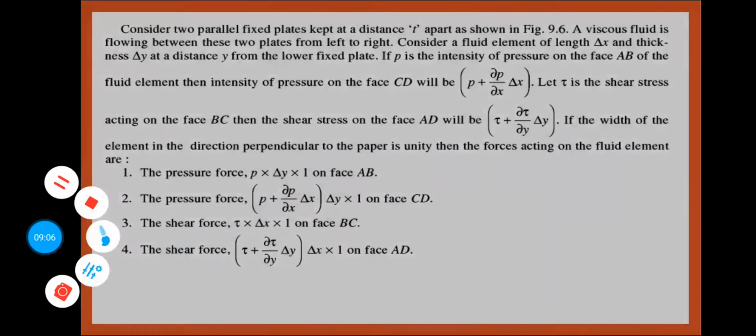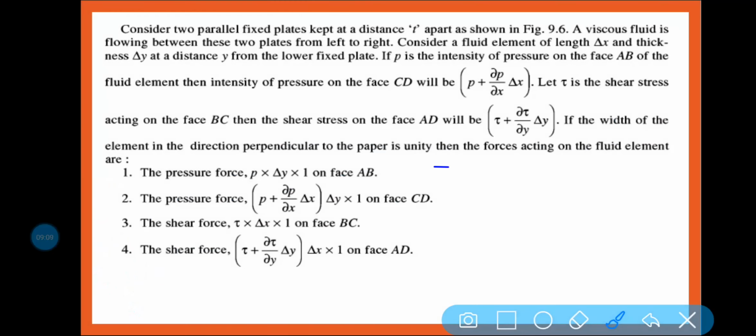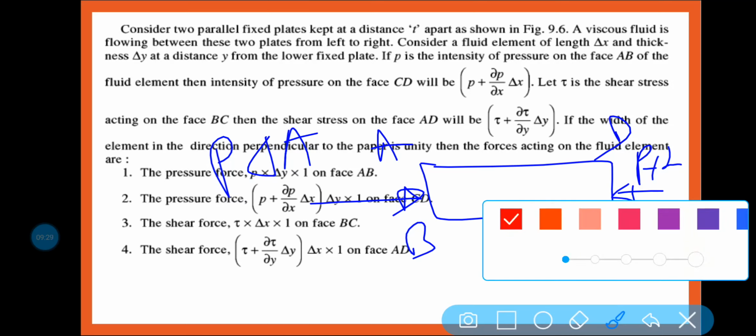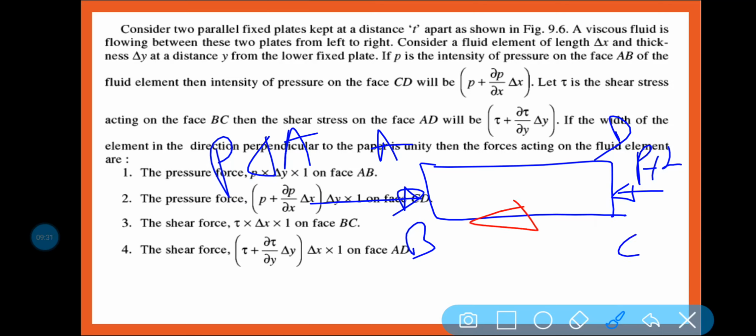On the faces of ABCD, on face AB there will be some pressure into area, and on face CD pressure plus delta P by delta x into area. On the other faces there must be shear stress, that is tau into area, and here tau plus something into area.